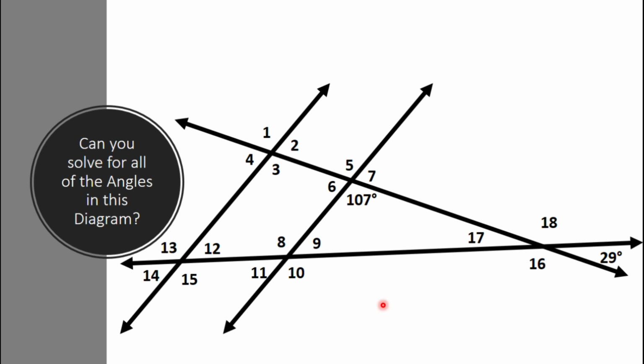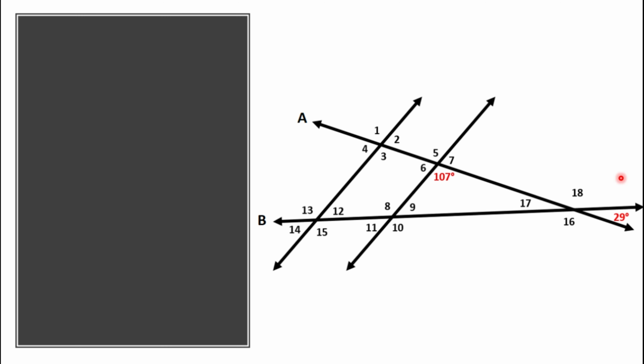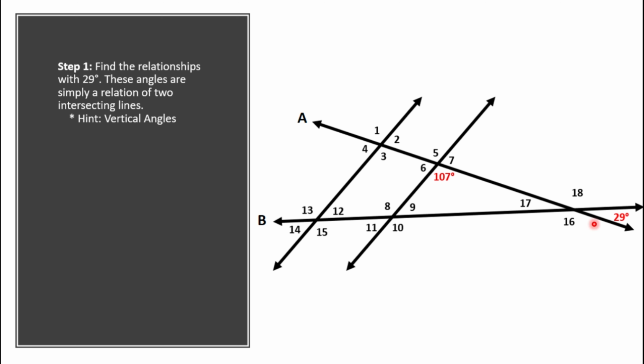Okay, so how do we solve this question? So they gave us two angles, but instead of focusing on this side, which has a bunch of angles really close by and seems kind of messy, I'd like to focus on this side first, because it's just an intersection between two simple lines. What we also notice is that when two simple lines cross or intersect, it forms a pair of vertical angles.